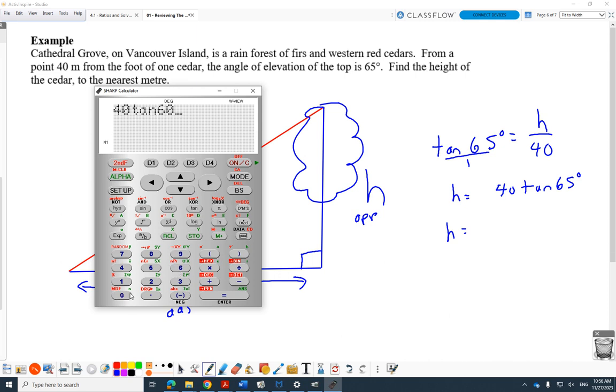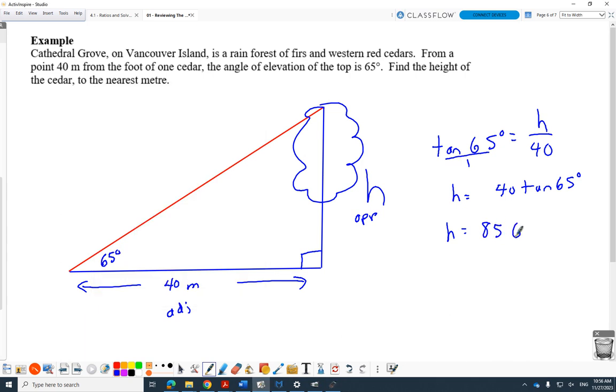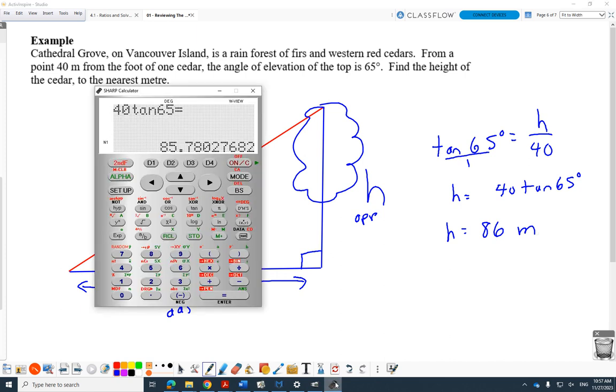I almost typed it in wrong. Answer: 85.6 meters. Oh, to the nearest meter, they said in the question. 86 meters is about the height of the tree. Okay.